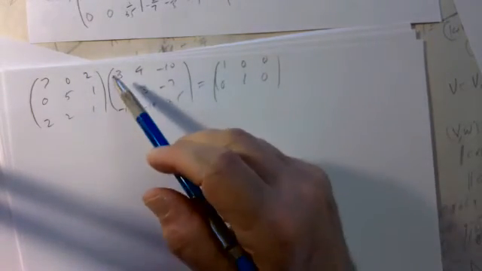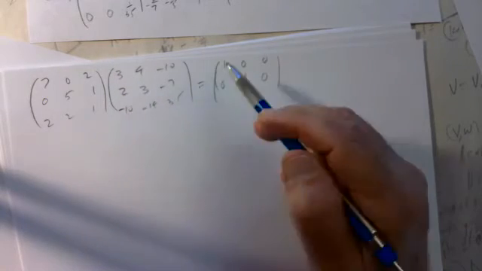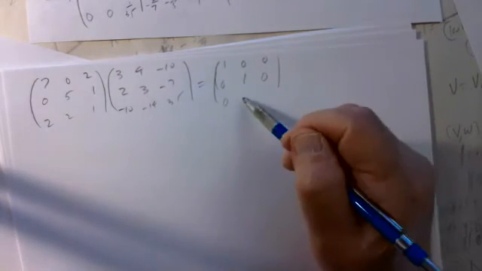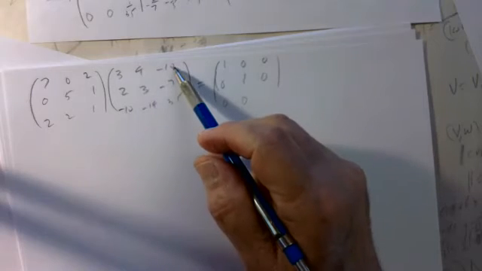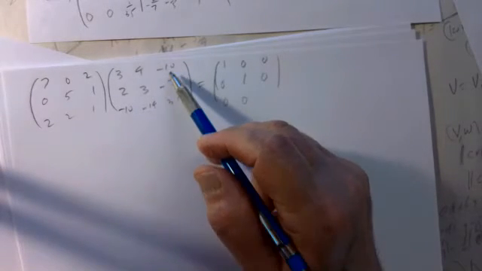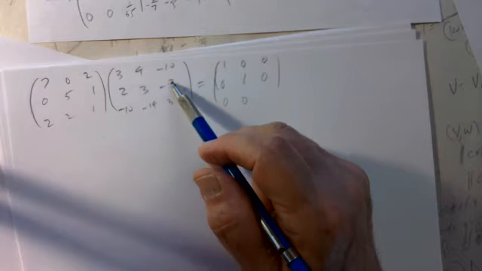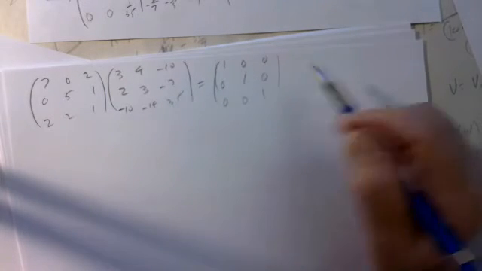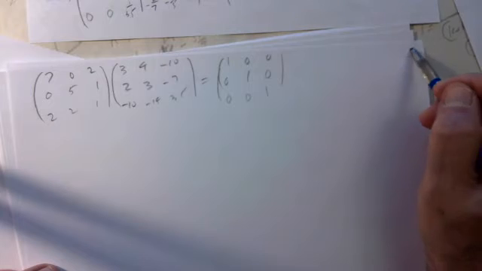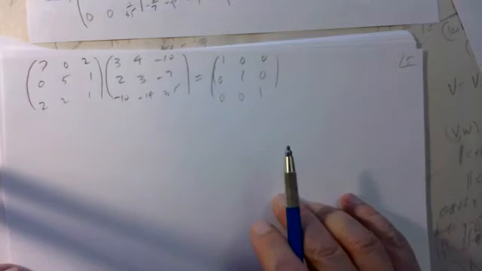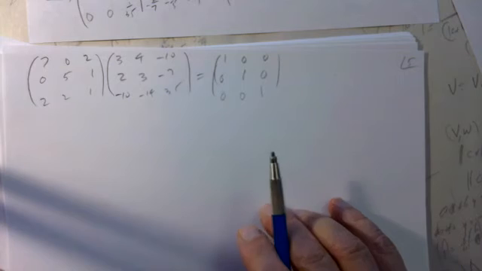And for the last row, I have 6 and 4 is 10 minus 10. 8 and 6 is 14 minus 14. Minus 10, minus 20 minus 14, minus 34, plus 35 is 1. So that's kind of a miracle, but it seems like this is correct. So that's the process.